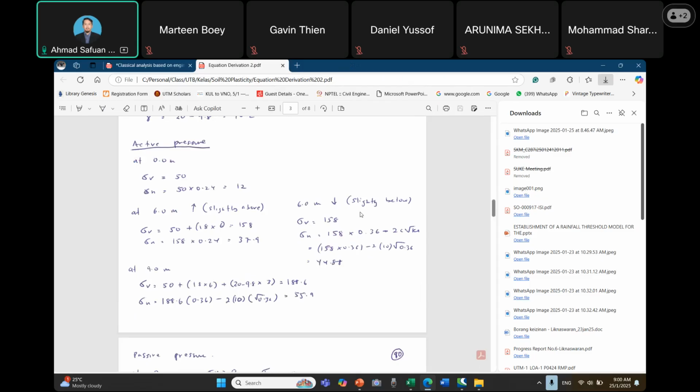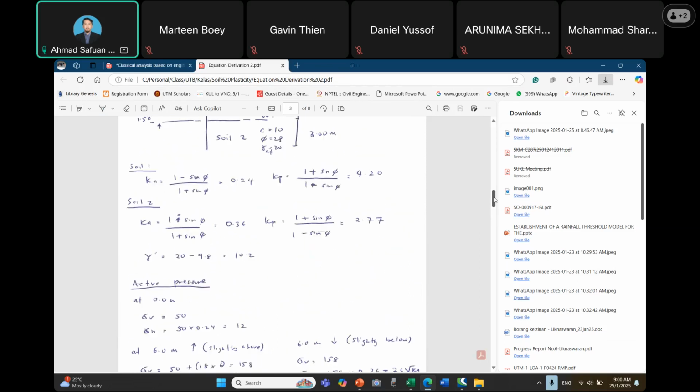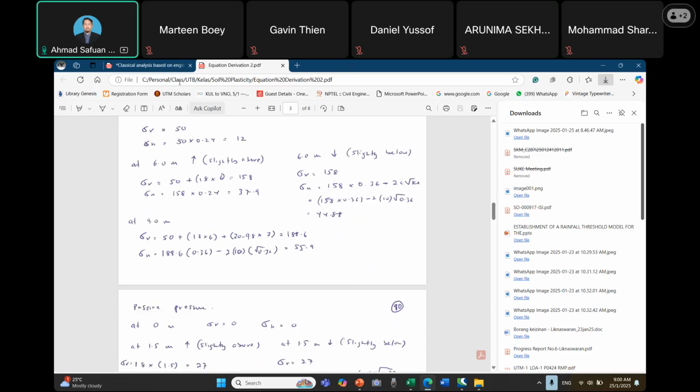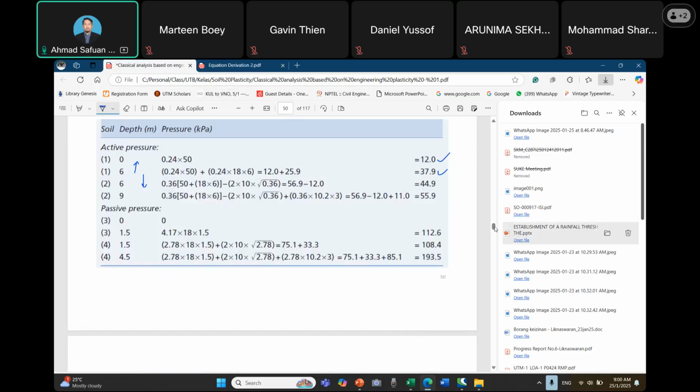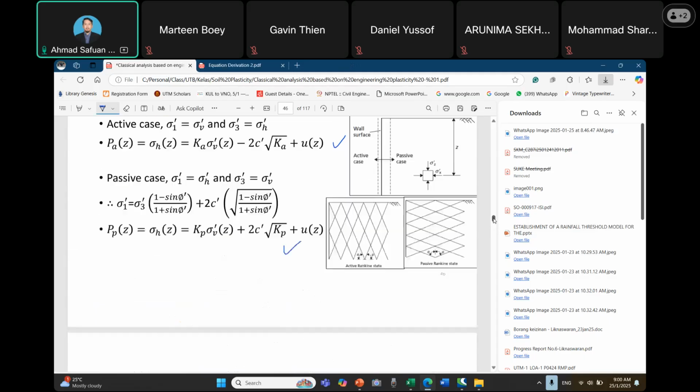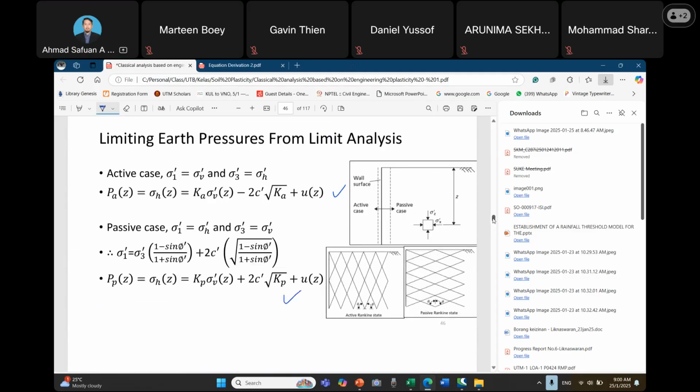Then for slightly below, the same effective vertical stress. Since soil number 2 has C and phi, we need to use the equation where it represents the C and phi values.